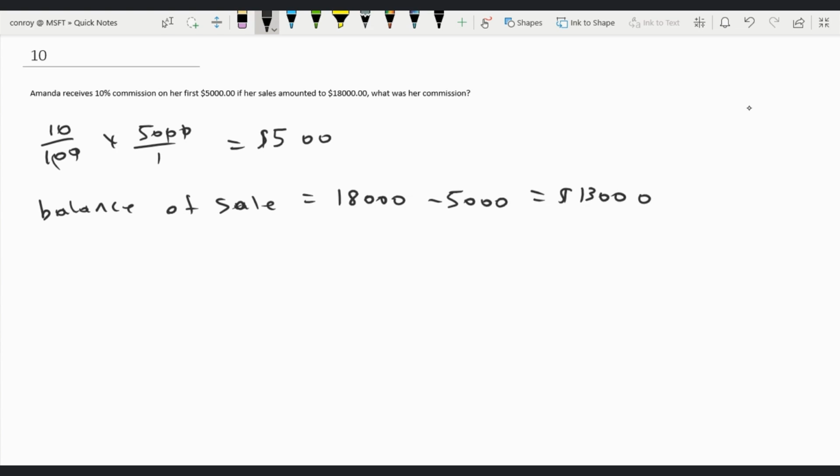All right. So we're able to calculate it, even though we know it would also increase. So we can say 10 over 100 times 13,000 over 1. Calculating.